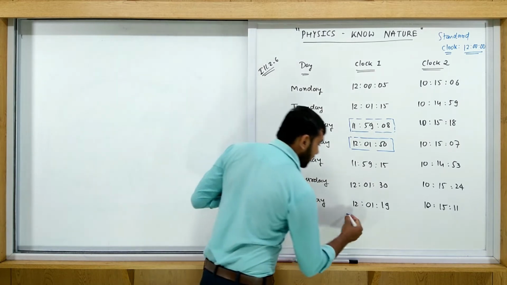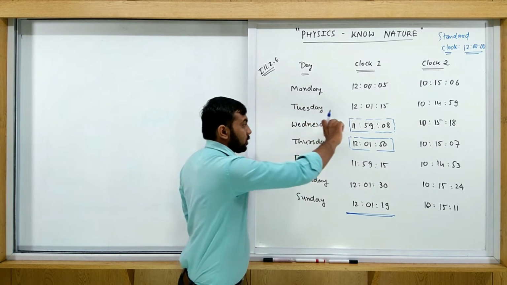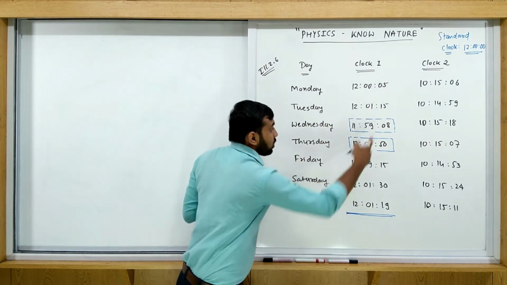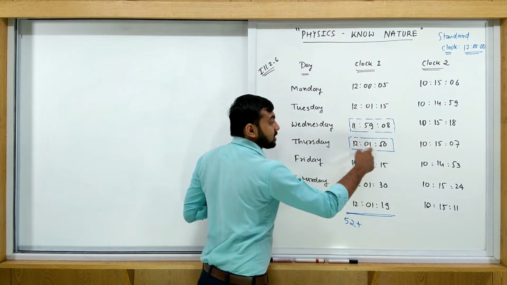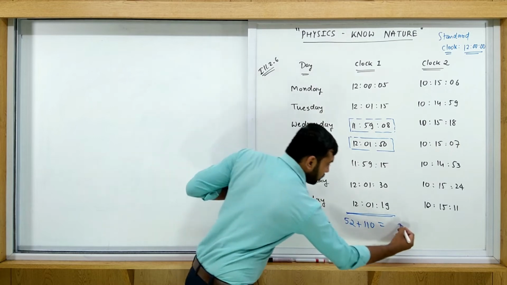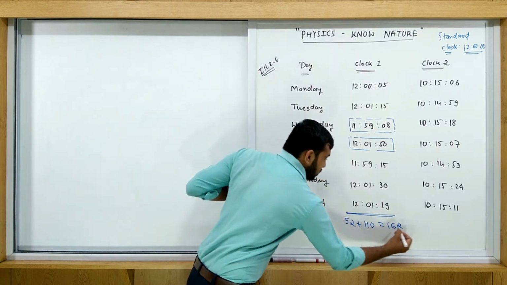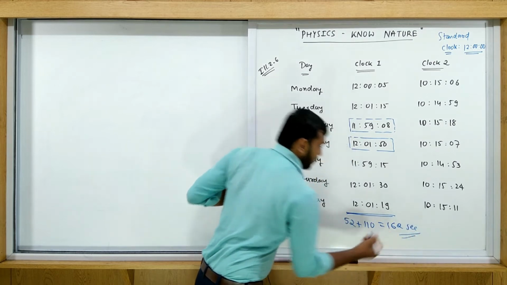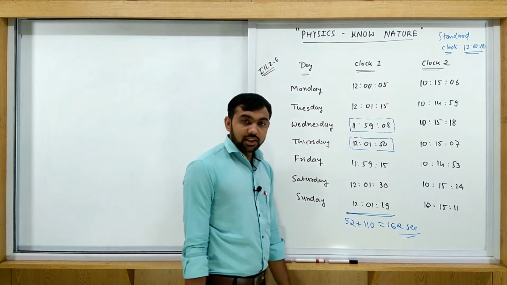What is the total range? 52 plus 110 gives 162 seconds. So the total range from minimum to maximum is 162 seconds.